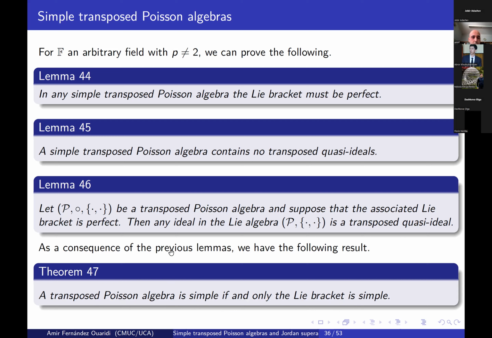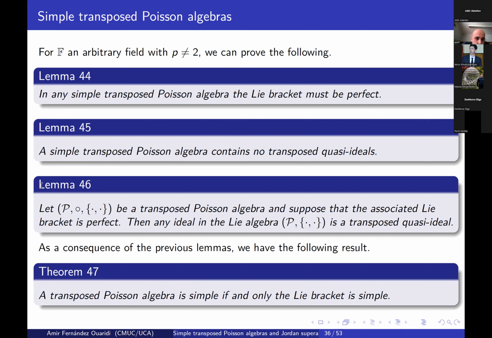And how do we prove it? We prove it in 3 steps. In the first step, we prove this lemma that says that in any simple transposed Poisson algebra, the Lie bracket must be perfect. Then we prove that a simple transposed Poisson algebra contains no transposed quasi-ideals.